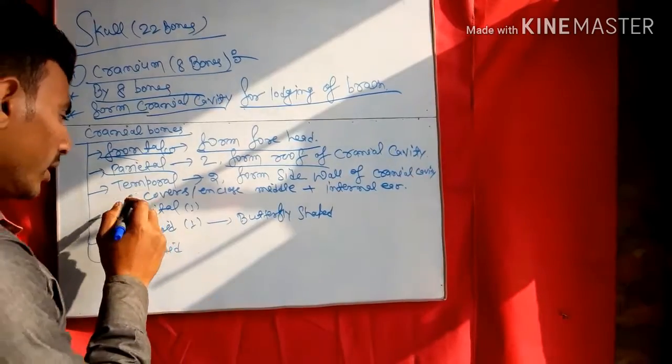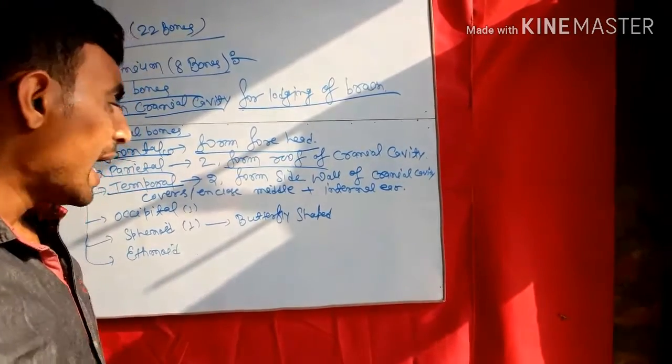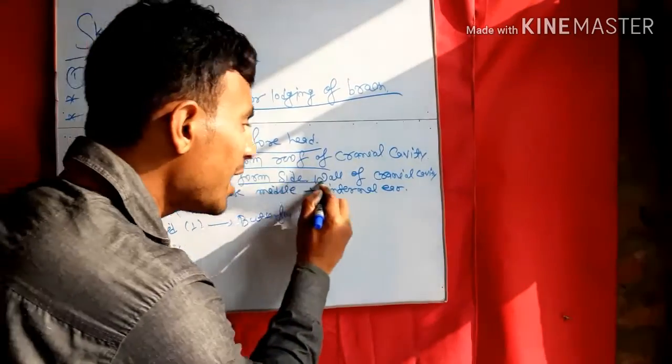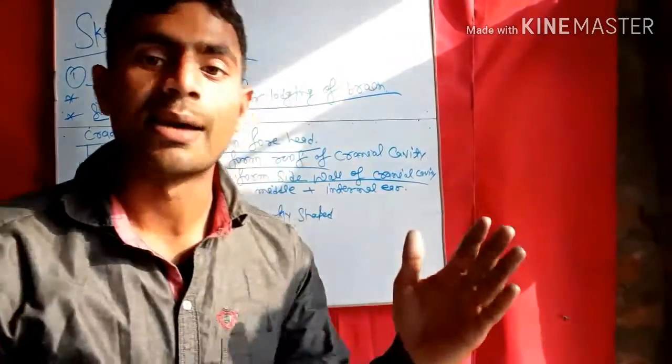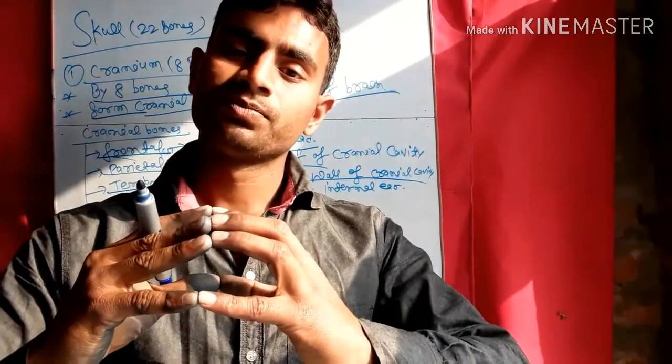Third is the temporal bone. Temporal is also one pair, and it forms the side wall of the cranial cavity.